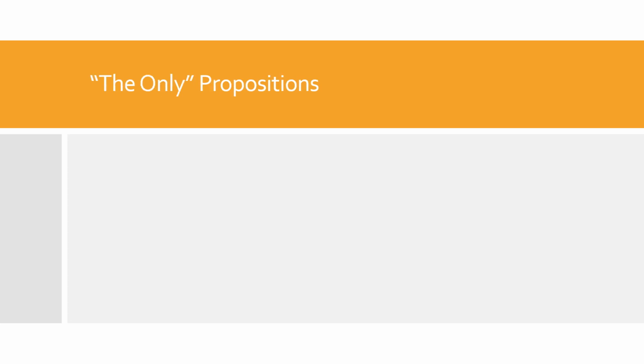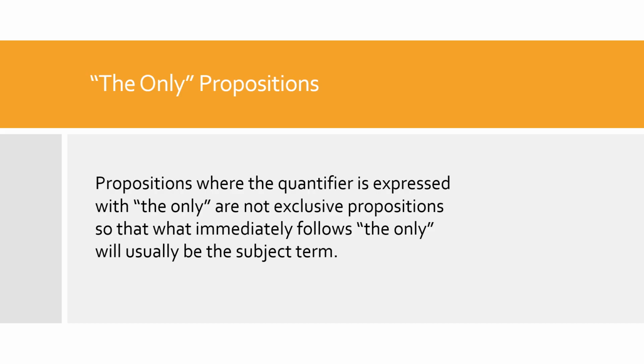Now the last bit here deals with propositions that involve the phrase the only. So when I say the only X or whatever, it's going to follow a very different rule than only X. Propositions where the quantifier is expressed with the only are not exclusive propositions, so they don't follow the rules of all the stuff we just saw before.